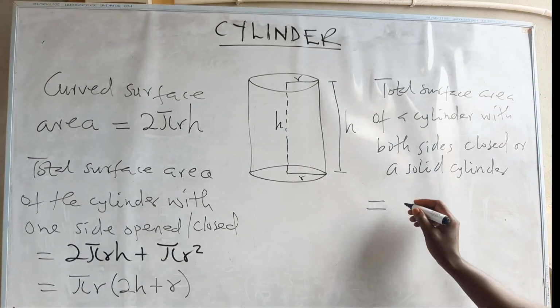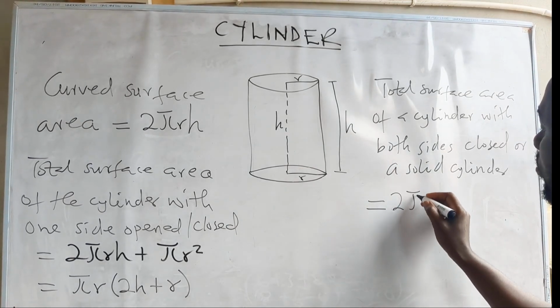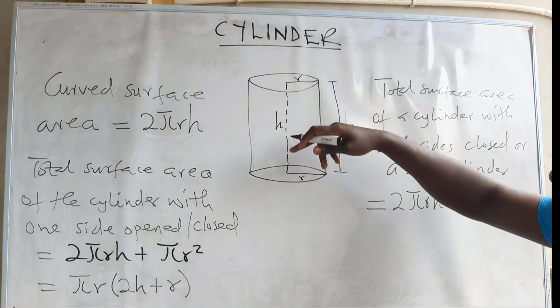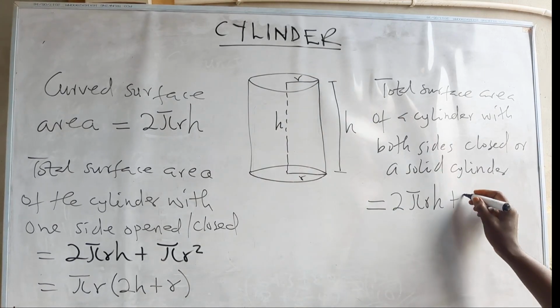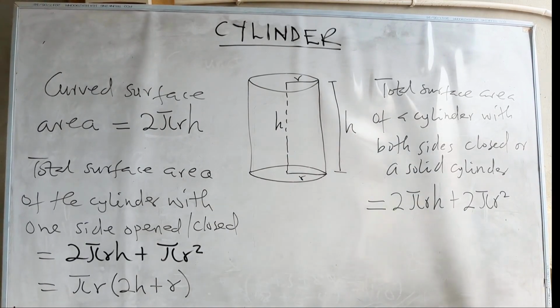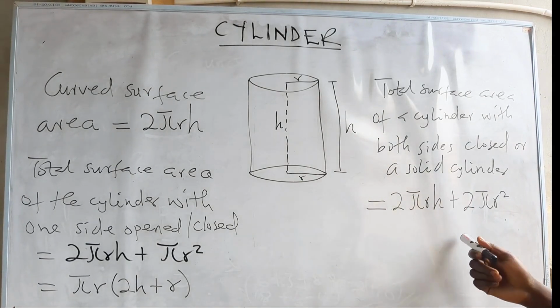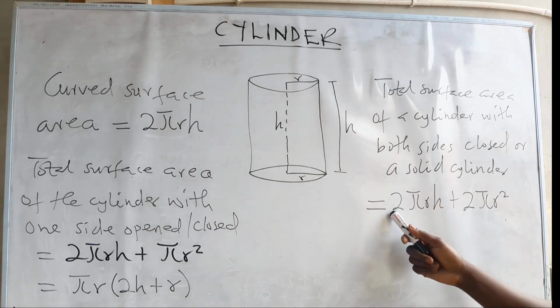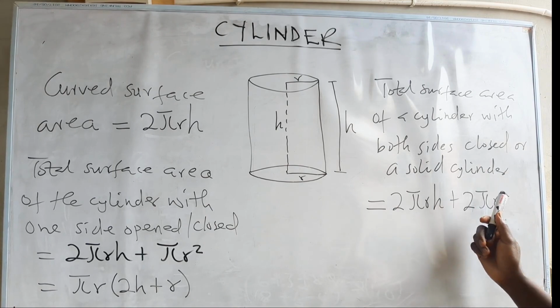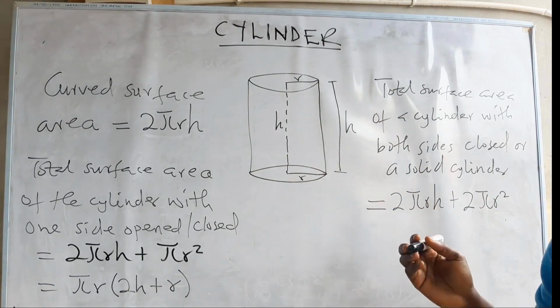The curved surface area is 2 pi r h plus the two ends that are closed, which is 2 pi r squared. So we have 2 pi r h plus 2 pi r squared. The curved surface area plus the two circular ends that are closed.